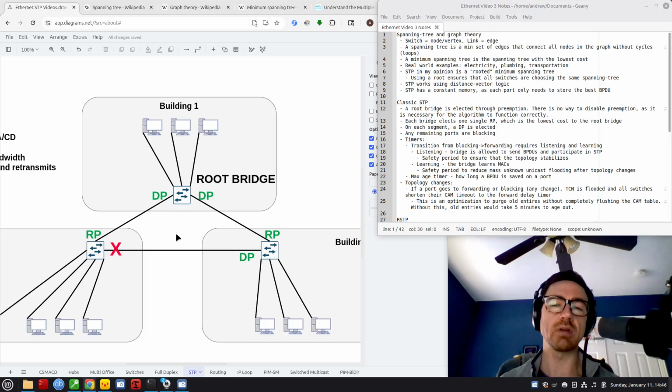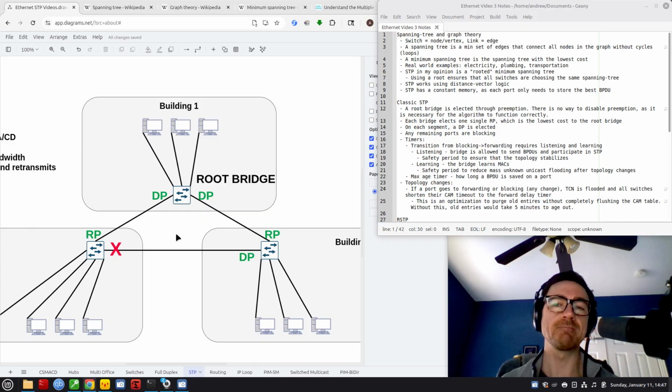The root bridge originates configuration BPDUs, which say this is the root for the spanning tree instance. Upon hearing a better root bridge, the switch stops originating that. Oh, okay, actually this is the bridge. And that happens iteratively until all switches finally converge and agree that there's one root bridge in this topology.